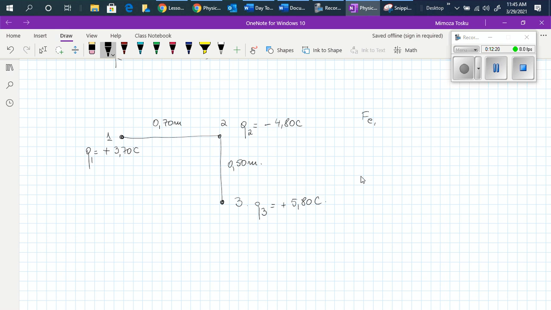So find the electrostatic force net at 1 as homework, and then find the electrostatic force net at 2, and find the electrostatic force net at 3. We will see something like this in class as well.